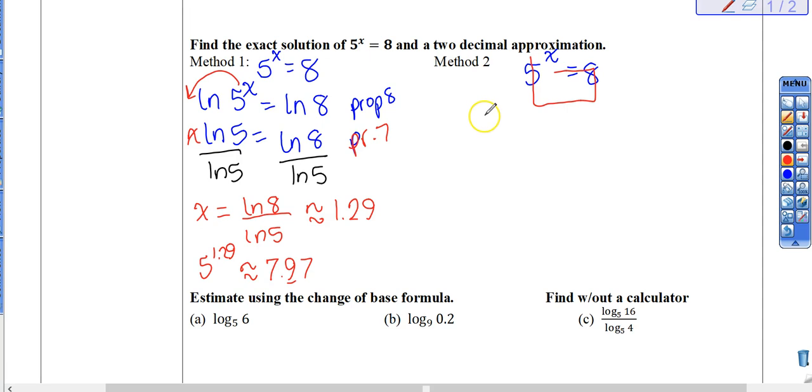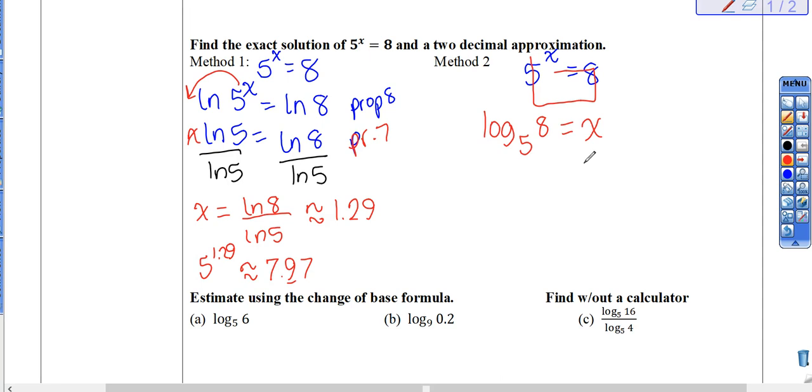So this time I'm not going to be efficient. I'm going to use the log. I have to use the log because it's base 5. It's not base e. So I have to use a log. So the log base 5 of 8 equals x. So the x is out of the exponent.